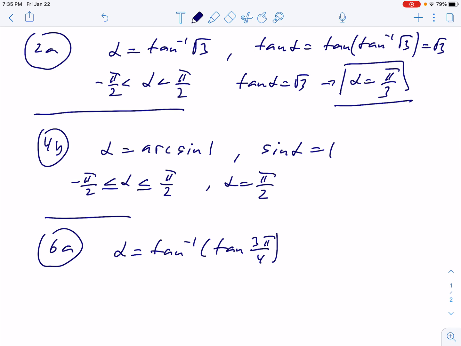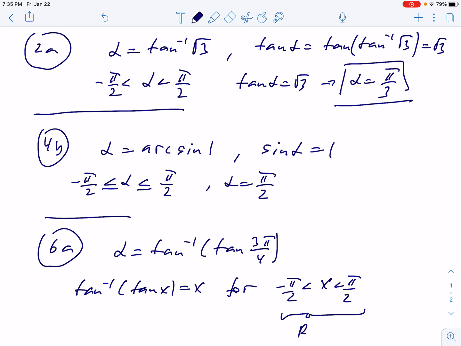Well, we have a basic identity. Let's write it down. Inverse tangent of tangent x equals x. And this identity is only for x in this domain for the tangent which we have chosen, between negative pi over 2 and pi over 2, which is the range of the inverse tangent.